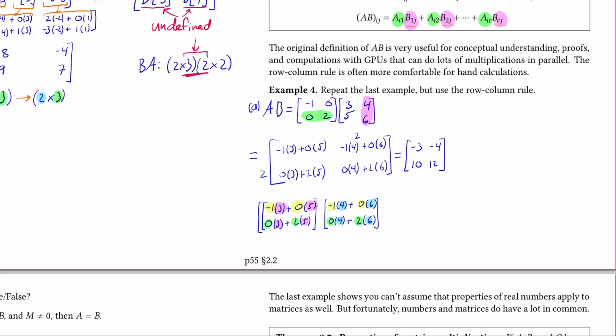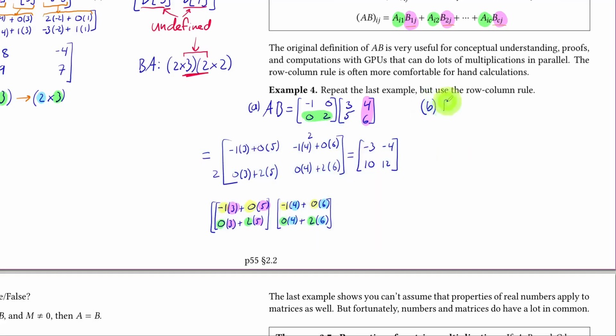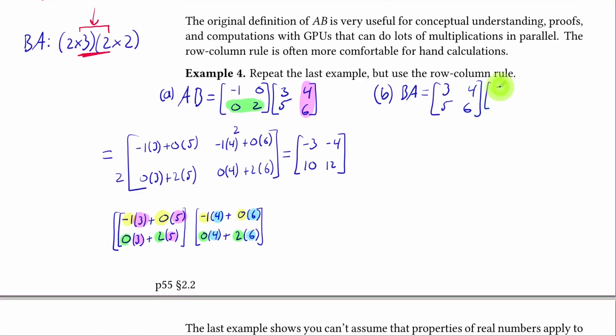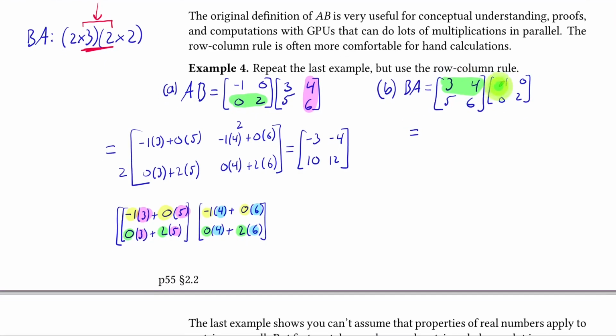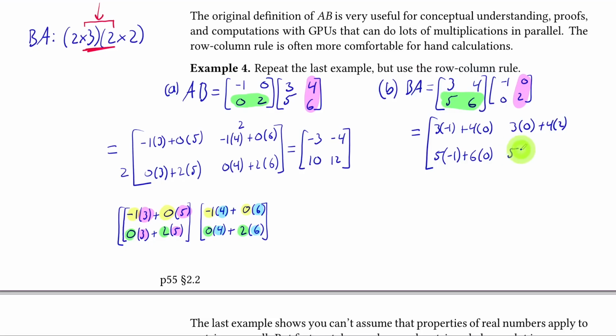Doing it the other way, we're now going to be using the rows of B and the columns of A. Like so.